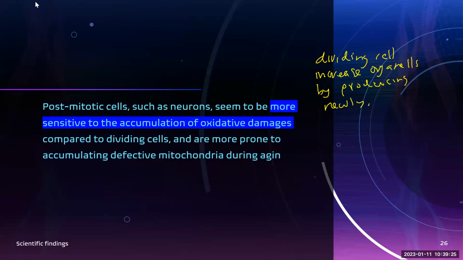So we can understand this. One function of mitosis is tissue repair.